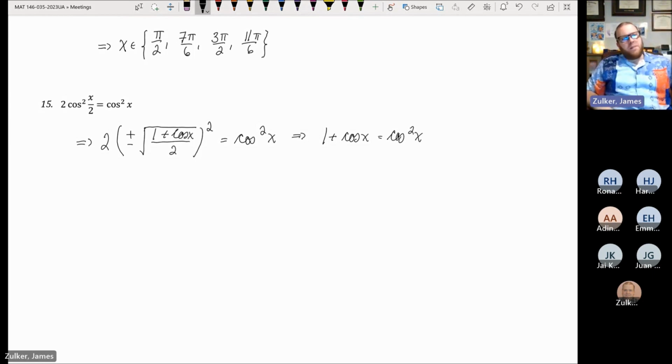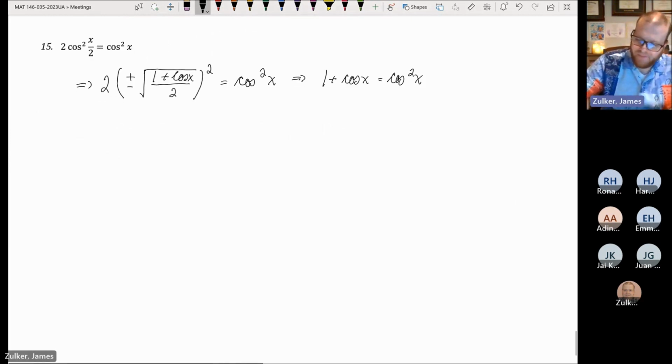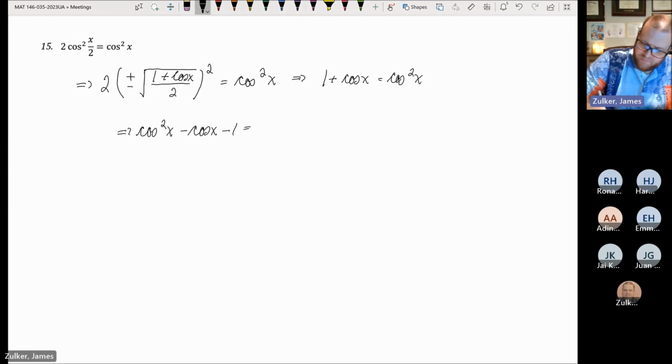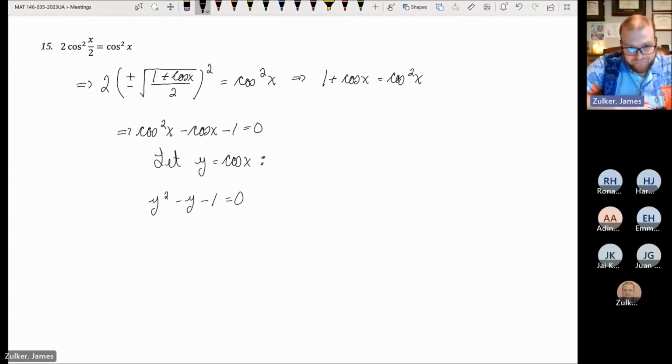When you simplify, we get 1 plus cosine of x equals cosine squared. Cosine squared minus cosine minus 1 equals 0. If we do a change of variable, we get quadratic form.